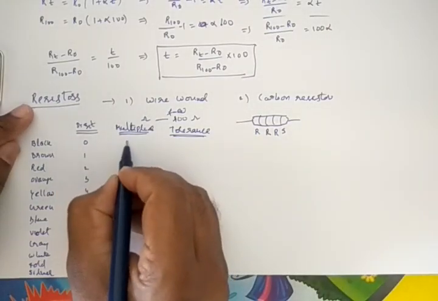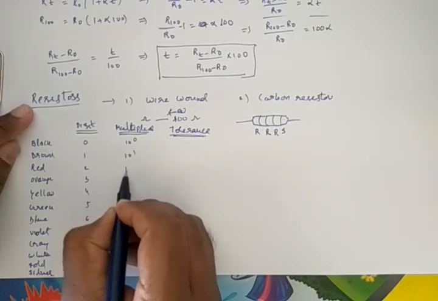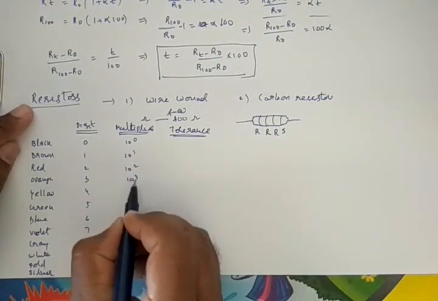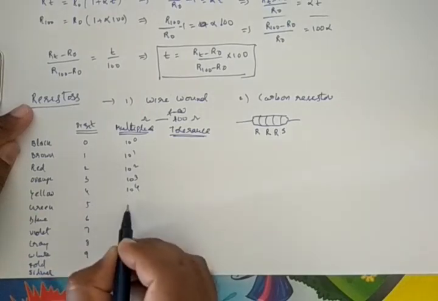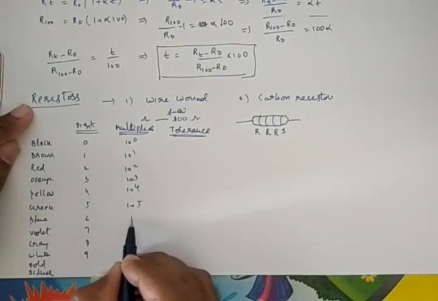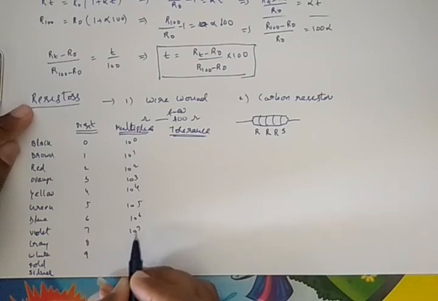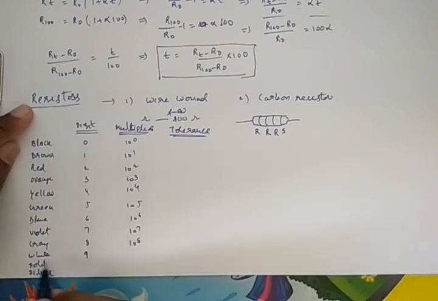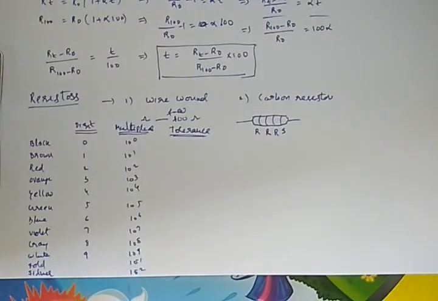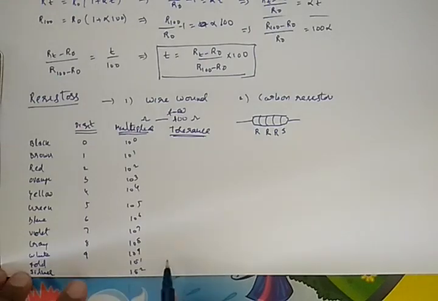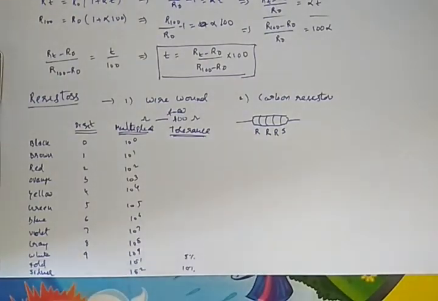The multipliers are 10 power 0, 10 power 1, 10 power 2, 10 power 3, 10 power 4, 10 power 5, for blue color 10 power 6, next 10 power 7, 10 power 8, and for white color 10 power 9. For gold color it is 10 power minus 1, and for silver color 10 power minus 2. Tolerance is not given for all colors, only for gold and silver. For gold, tolerance is 5% and for silver 10% tolerance.